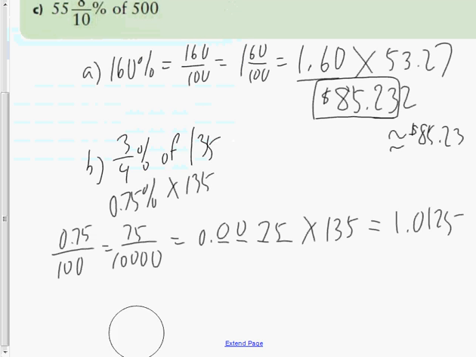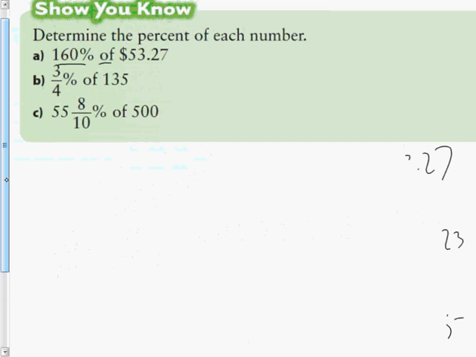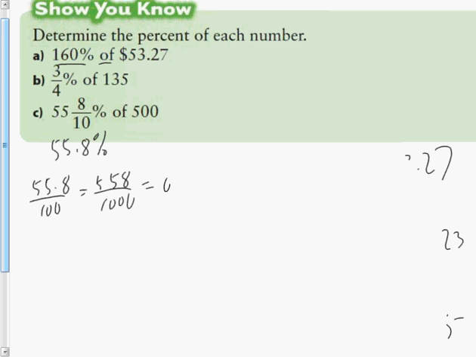And your last question, which is 55 and 8/10%. The first thing I'm going to do is think of that as a decimal. Then think of it as a fraction. Then think of it as a better fraction. Then think of it as a decimal.